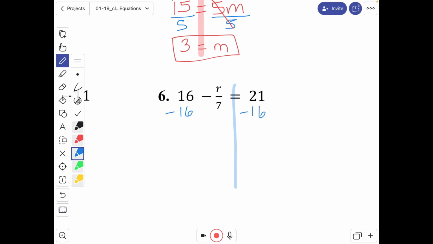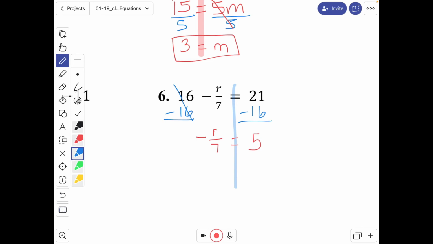So negative 16. Those are opposites. They cancel. And what comes down is negative r divided by 7. And on the other side, I have 21 minus 16, which makes 5.